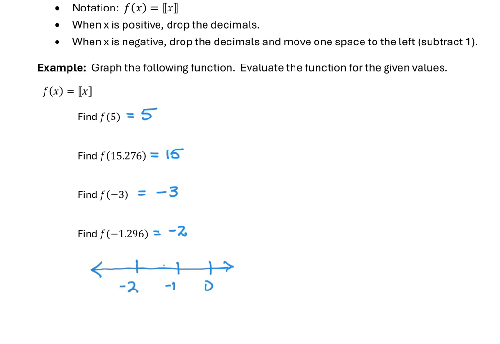And negative 1.296 is somewhere in the middle here. But remember, we want the integer that is less than or equal to negative 1.296. And so we always round down, or we round to the left, and we get negative 2.